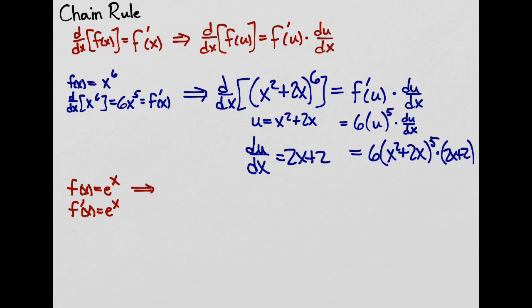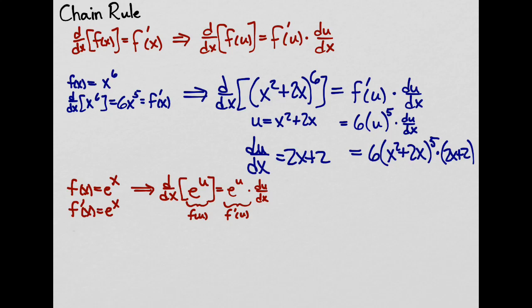And so what this tells me is that when I take a derivative of e to the u, this is f of u. I'm going to get the value f prime of u. In this special case, it is itself, but the chain rule says you have to multiply by the derivative.